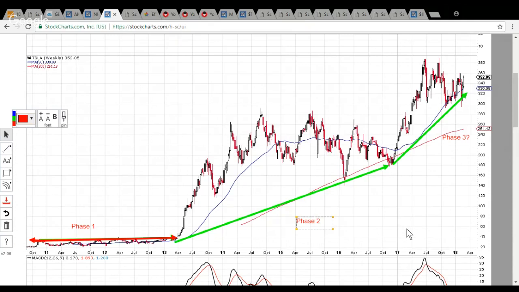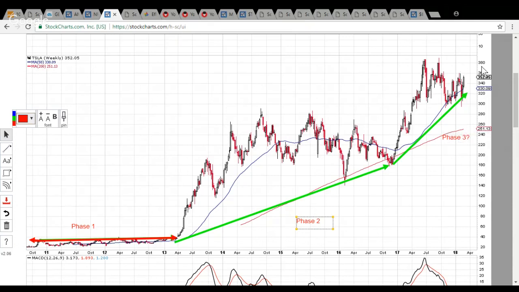I would not argue that we are not still in a phase 2. And we've only had one touch point here, or if you want to say we had 1, 2, 3 touch points here, then we broke down. Rather than go through all of those permutations, I would rather look at this as a continuation of phase 2.